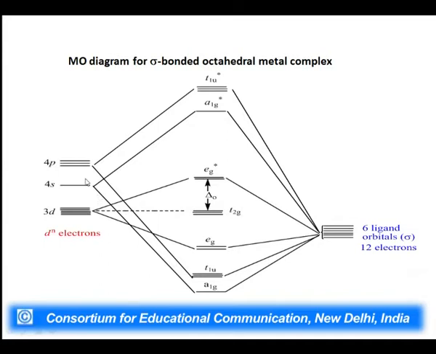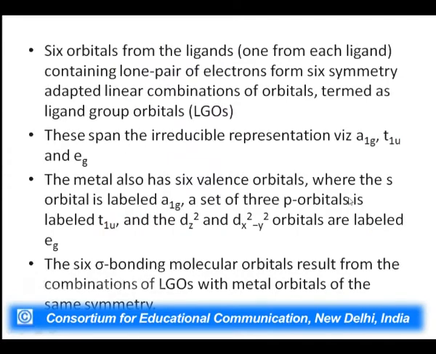These were coming from the metal, and the same symmetries were coming from the ligand. They have resulted in a constructive overlap, forming these initial 6 bonding MOs, and then they also result in a 6 antibonding situation, with T2g remaining the non-bonding situation.